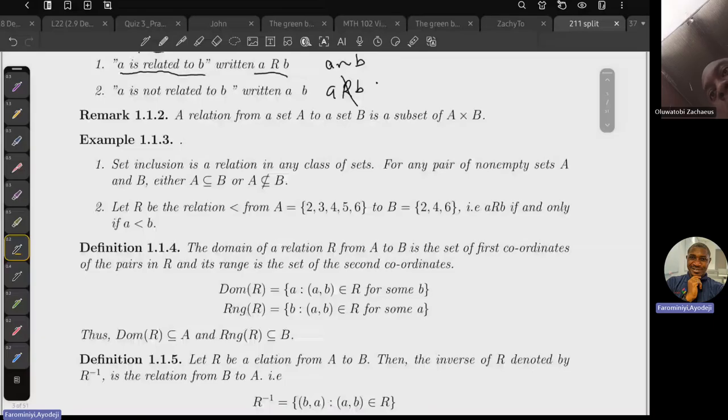So when we have sets as well, we could use set inclusion. We could use equivalence of sets. We could use cardinality of sets. So I can say two sets are related when they have the same cardinality. I can say two sets are related when they are equivalent. You know the difference between equal sets and equivalent sets?